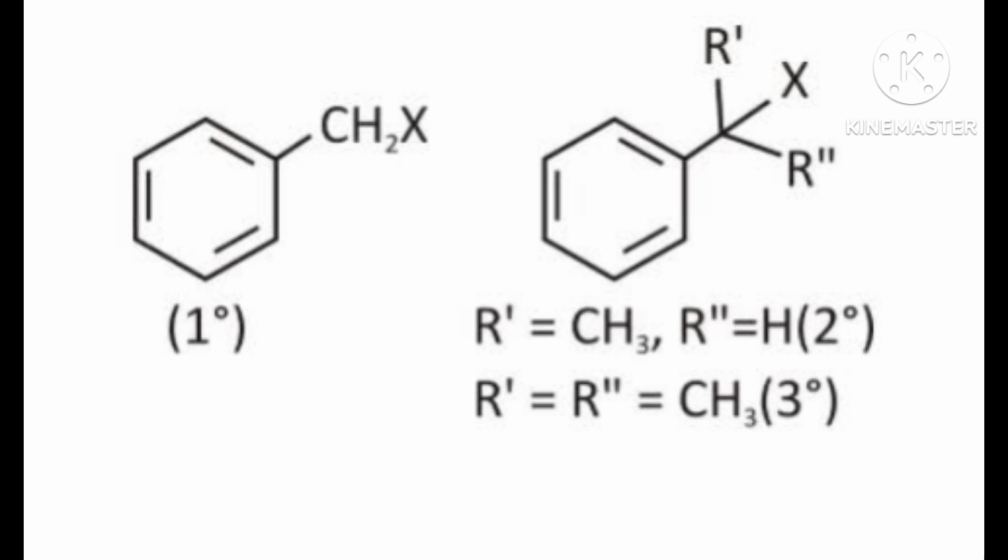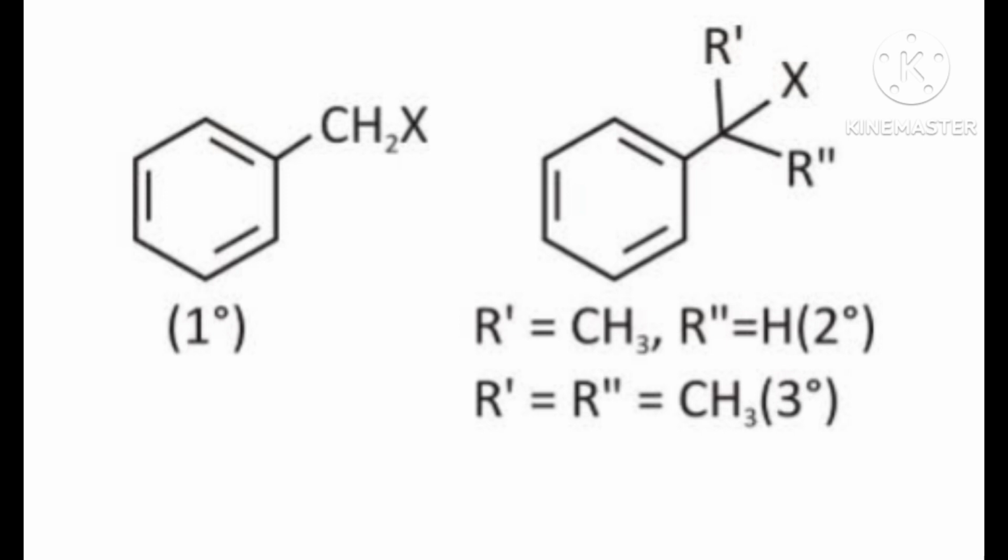CH3. Correct? Then this CH3 uses its fourth orbital in making a bond with benzene. The carbon of benzene to which the methyl group is attached, the H has been removed from that carbon of the benzene ring.